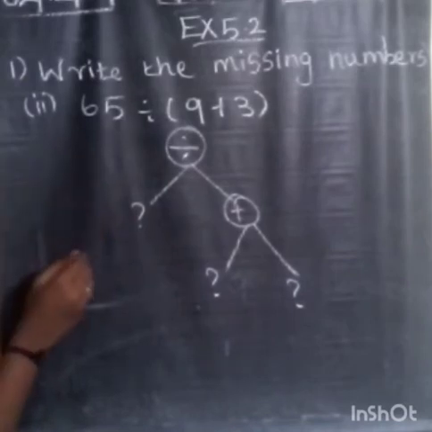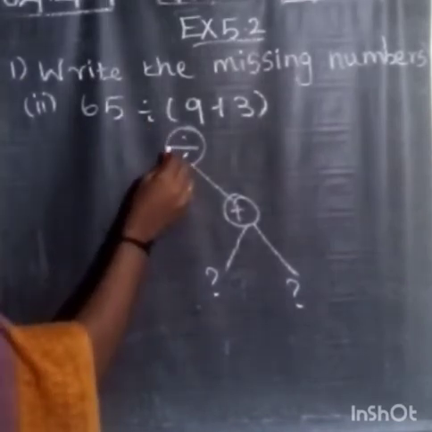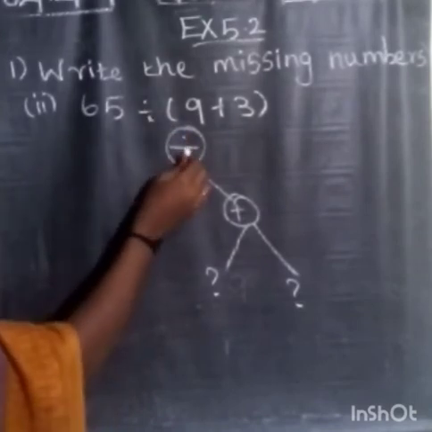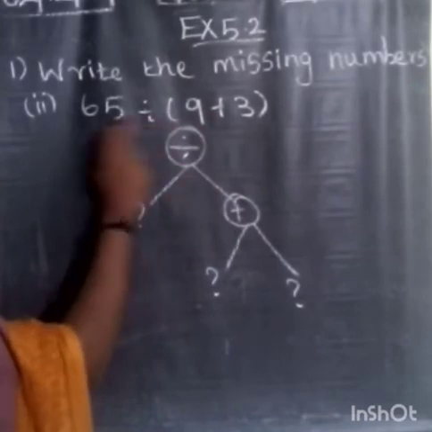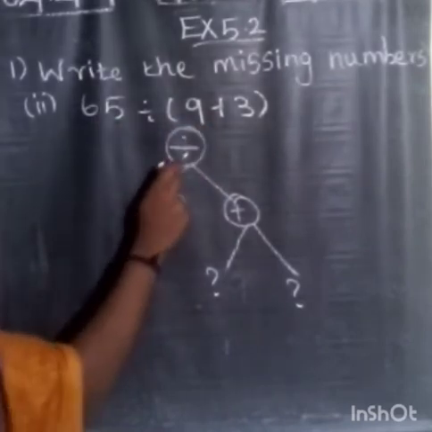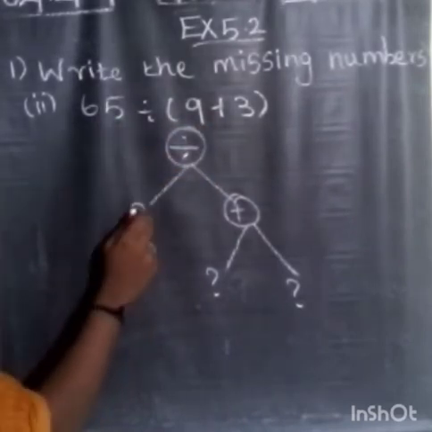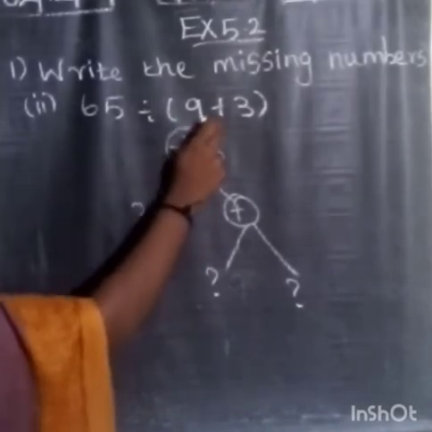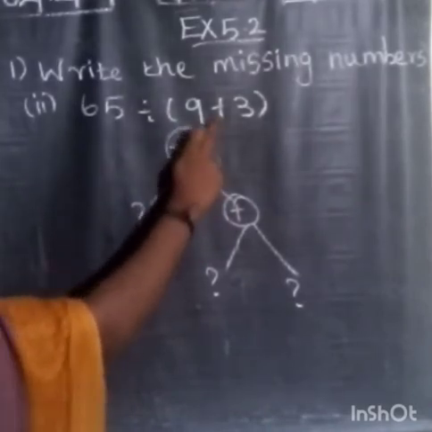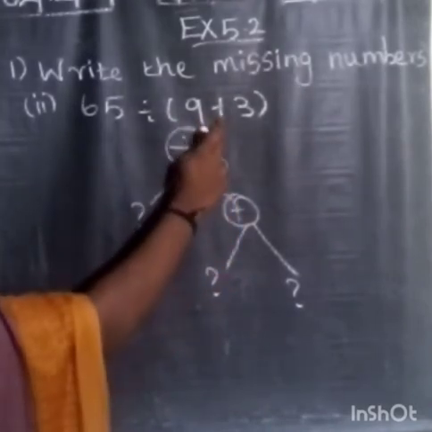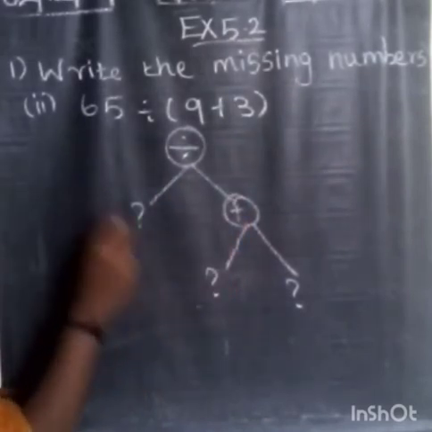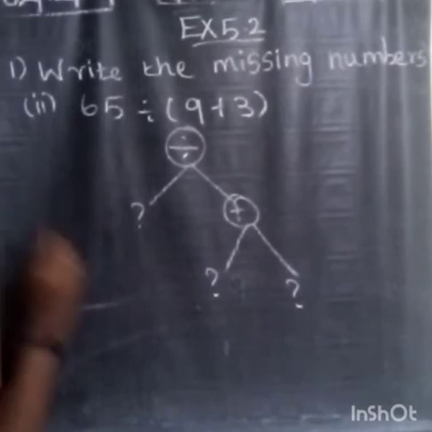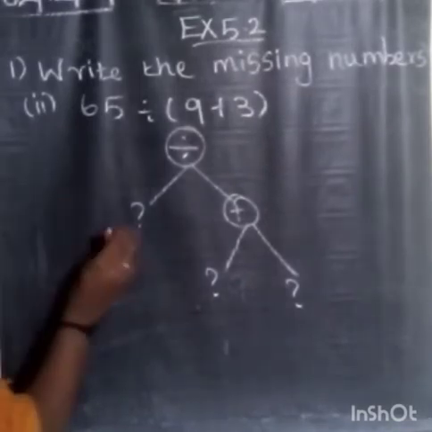The operation is division, so there are two expressions, and one more operation, addition. We have to find the missing numbers.